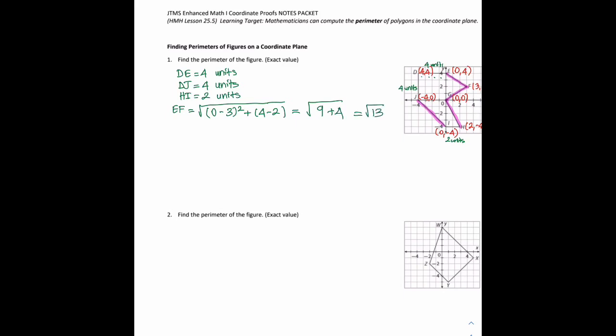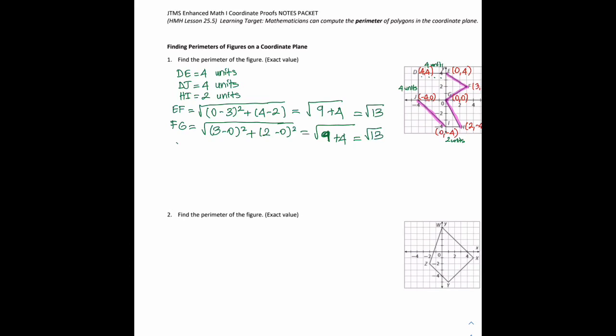Now let's do the same thing for the length of segment FG. 3 minus 0 to the second power plus 2 minus 0 to the second power, which will give us 9 plus 4, which is also 13, square root of 13.